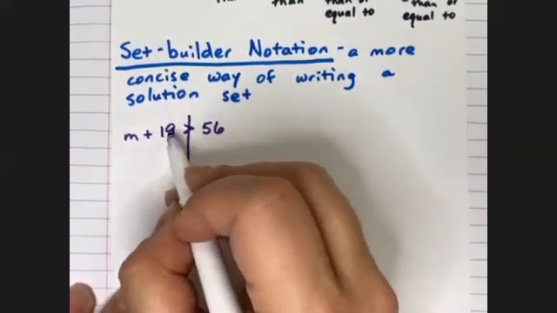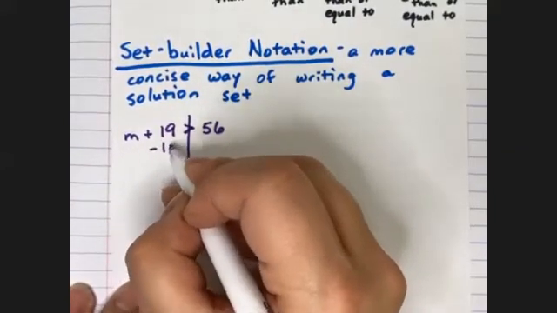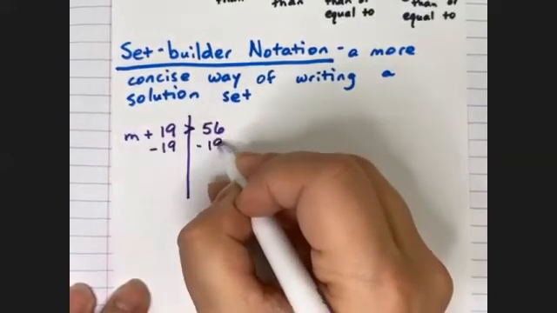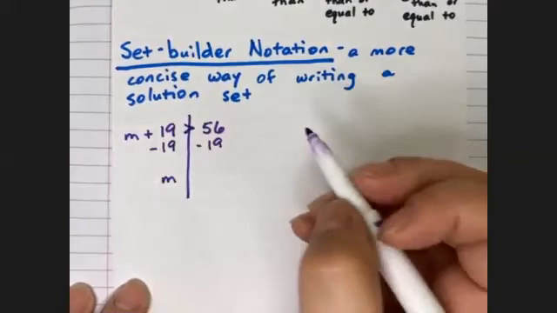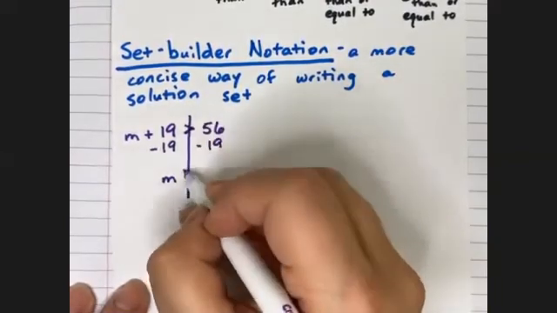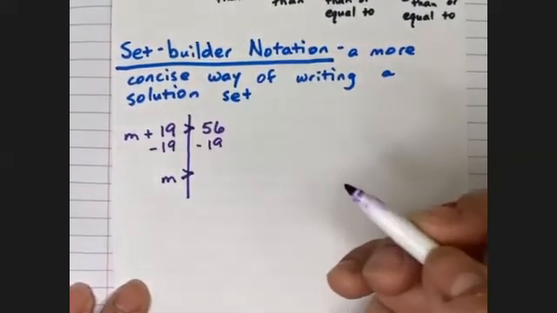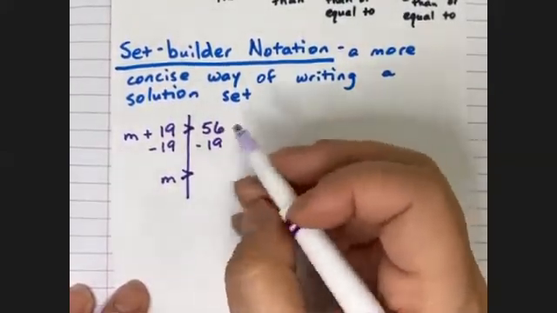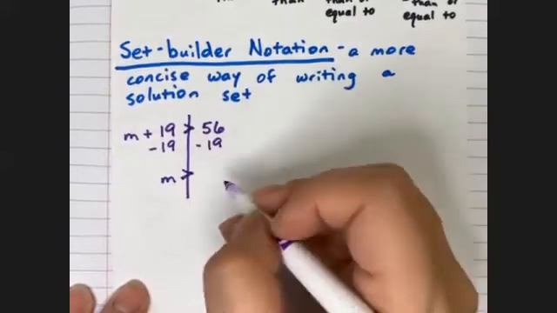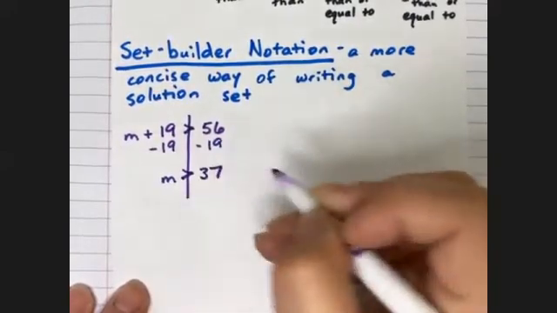Right now it's plus 19, so the opposite is going to be minus 19. And then on this side, the 19s cancel, and it's m. The symbol doesn't change if you're just adding and subtracting. And then 56 minus 19 is 37.